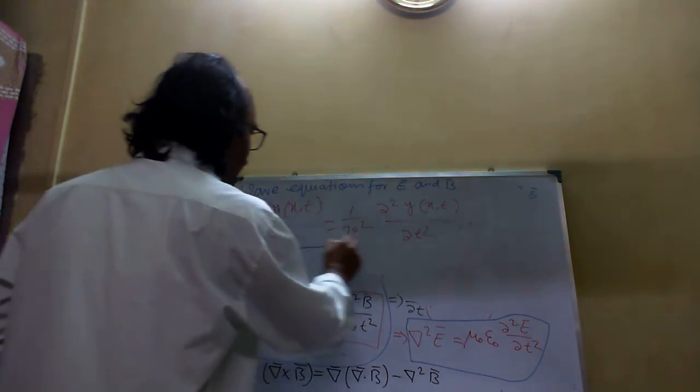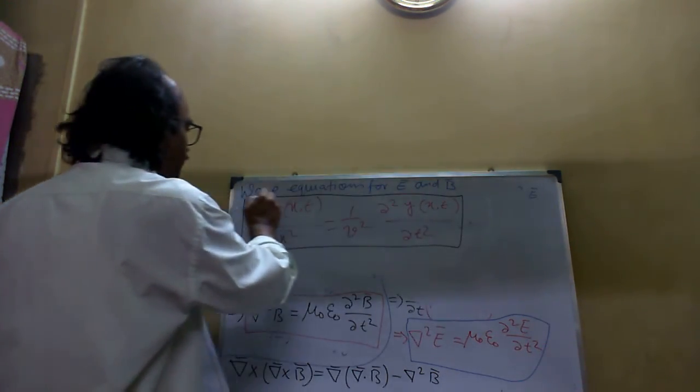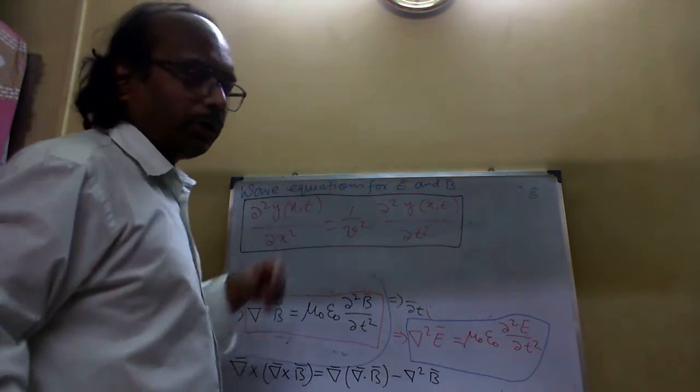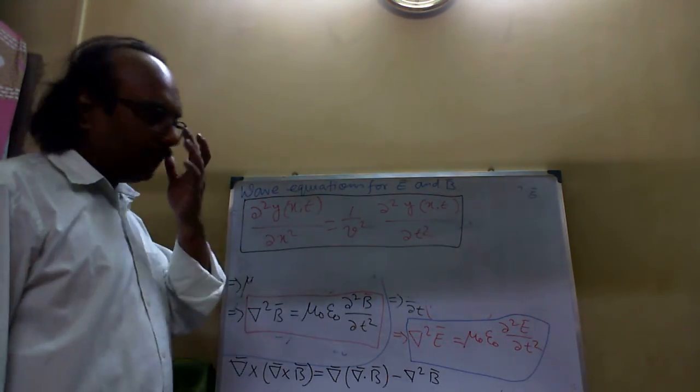This is the classical wave equation. Y equal to say cos of kx minus omega t, a traveling wave.